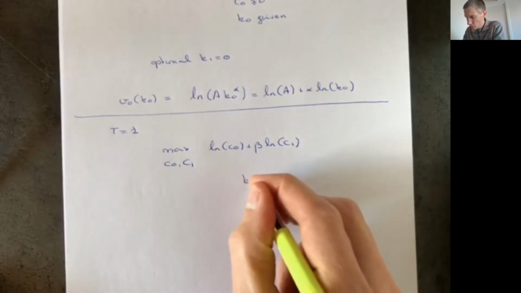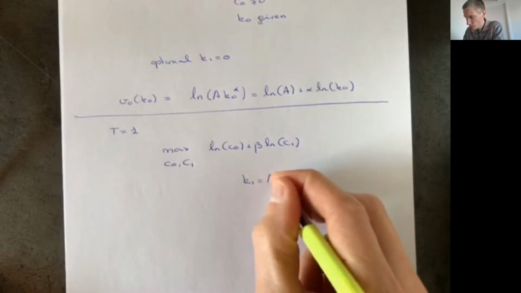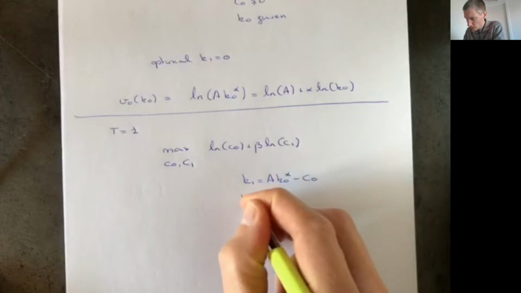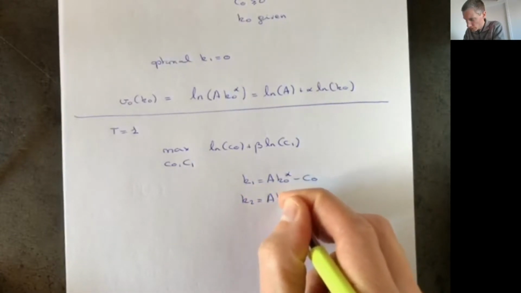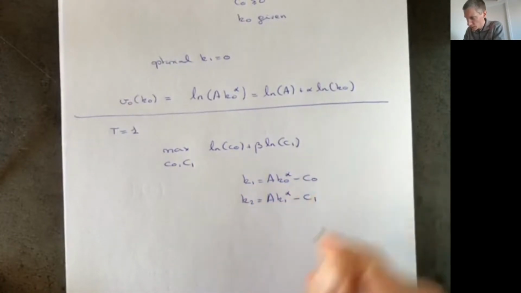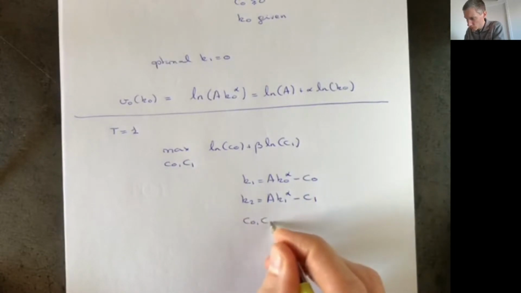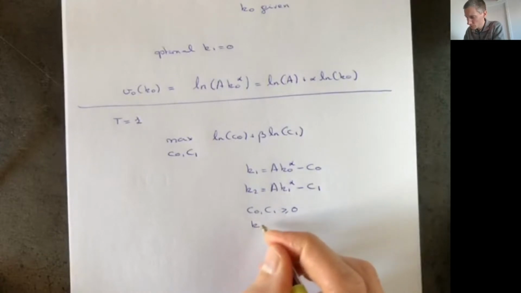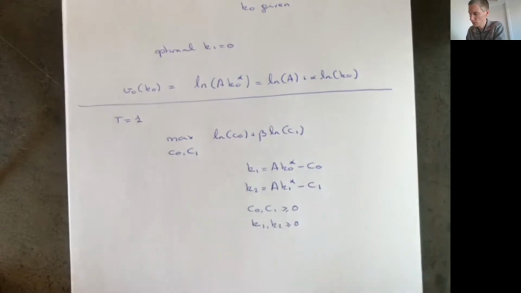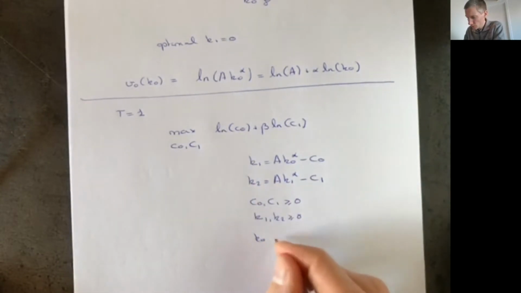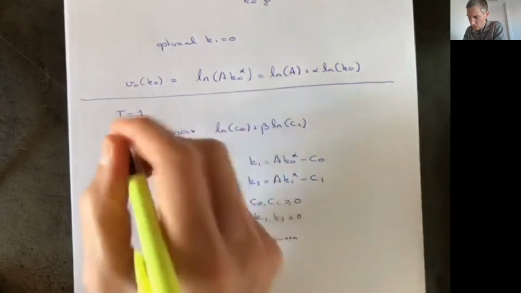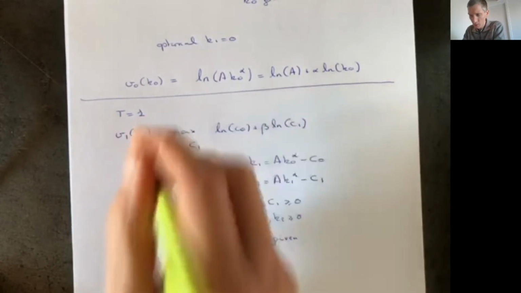And then the law of motion is going to tell me that K1 is equal to A K0 to the alpha minus C0, and K2 is going to be equal to A K1 to the power alpha minus C1. C0 and C1 are greater or equal to 0, and K1, K2 also, right? And then K0 is given, and if I solve this, I have V1 of K0.